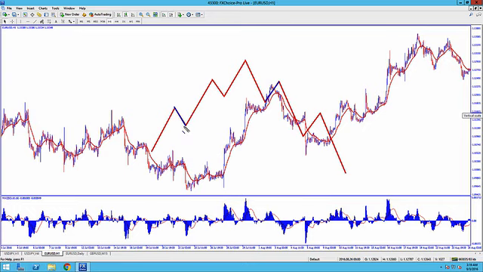These are also called continuation patterns because the market moves up, forms the continuation pattern, and continues. The market goes down, forms the continuation pattern, and continues. So a continuation pattern is basically, as it says, a continuation of the trend, and that interruption right here would be the pattern.